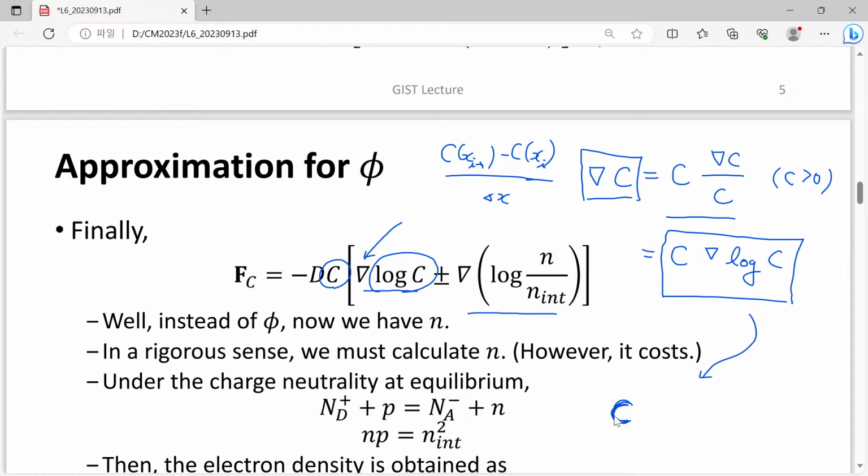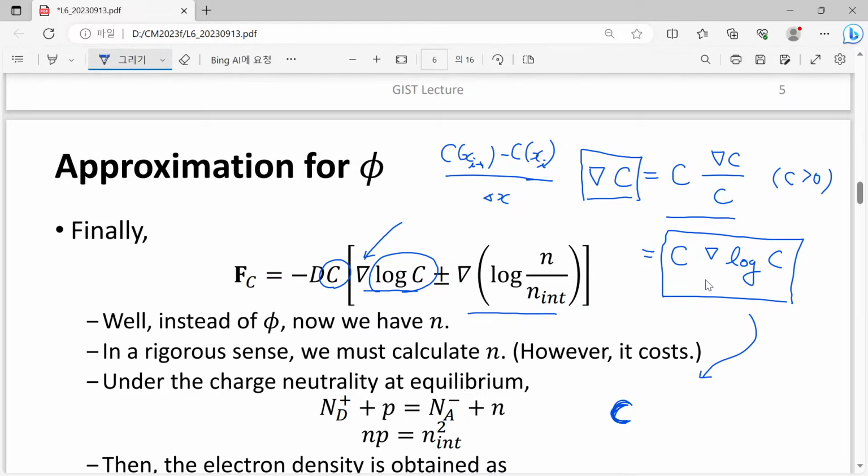What is it? We have no idea. However, the gradient in the one-dimensional case can be written as log C at x_{i+1} minus log C at x_i, divided by delta x.